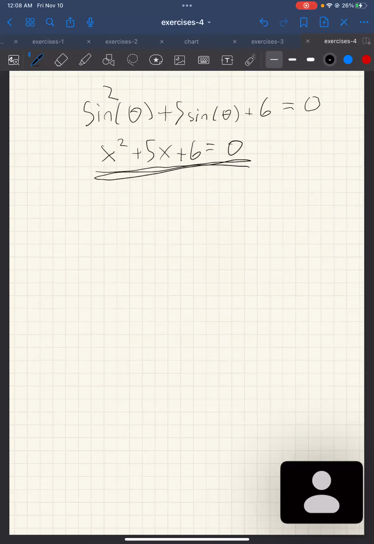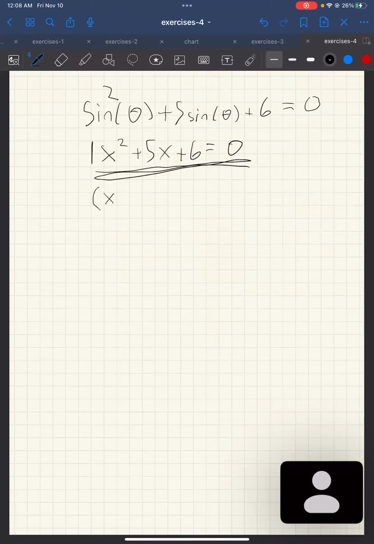Now, generally, the one that always works is the quadratic formula. If we remember, minus b plus or minus the square root of b squared minus 4 times a times c, all over 2 times a gives us both of our potential solutions. But sometimes, like hopefully here, we can actually factor our expression instead.